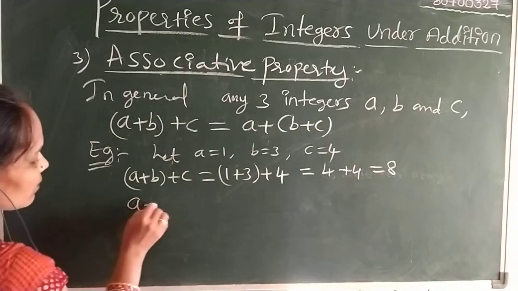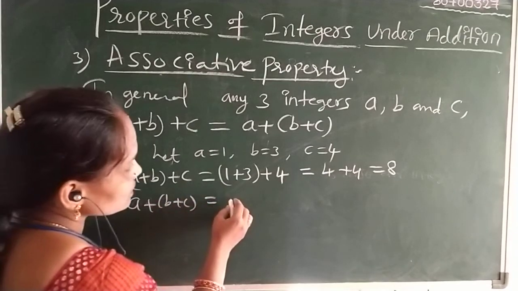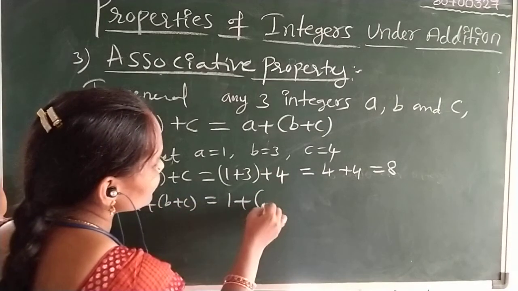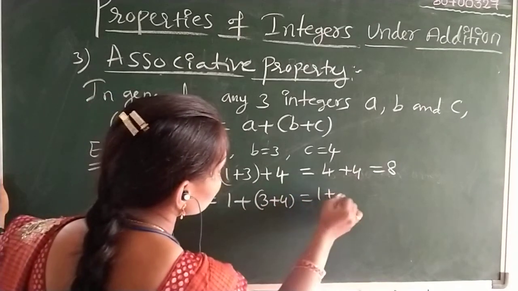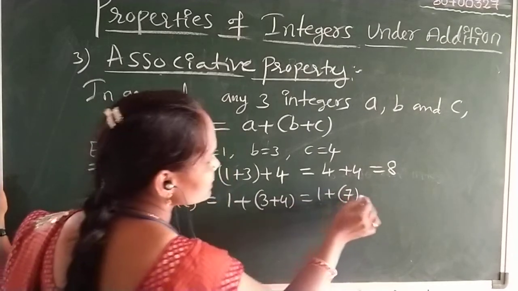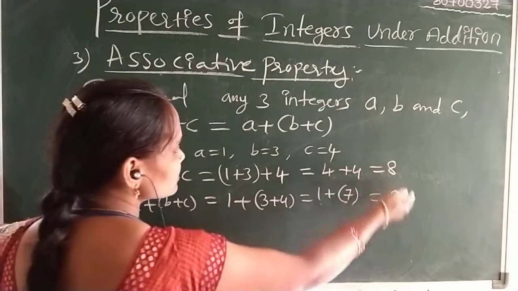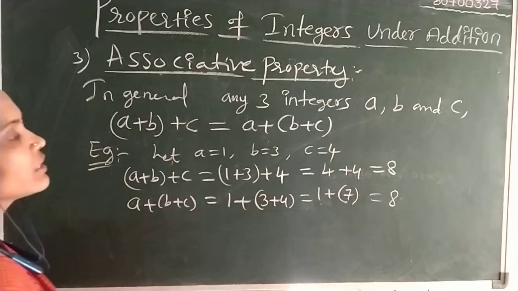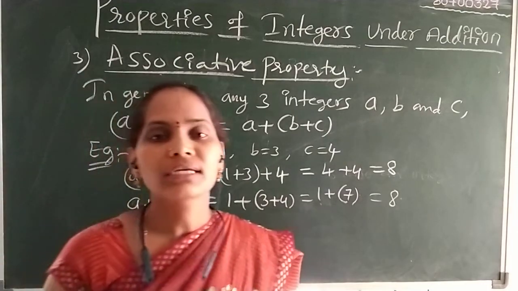Next, a plus (b plus c): 1 plus (3 plus 4), 3 plus 4 is 7, 1 plus 7, 8. See, we got the same answer. In this way, we can prove associative property.